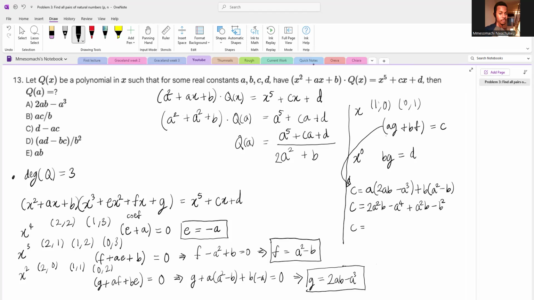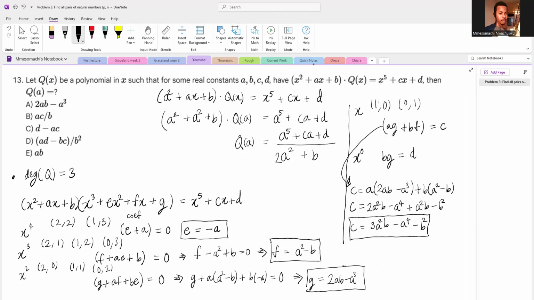So we have C is equal to 3A squared B minus A to the power of 4 minus B squared. Okay, so just put it in a box to show that it's important.